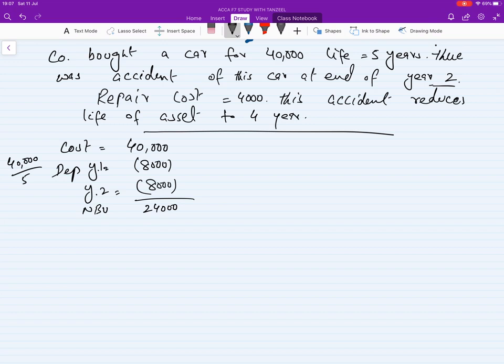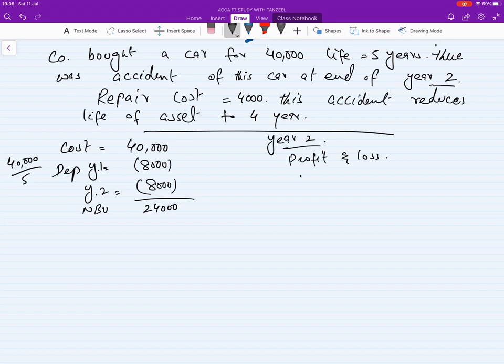repair cost. So you can ask yourself, did this give us any economic benefit? Does it increase the life? No. In fact, the accident reduces the life. Any other economic benefit? No. Then the repair cost you can expense out. So for year 2, we can make a profit and loss for end of year 2.